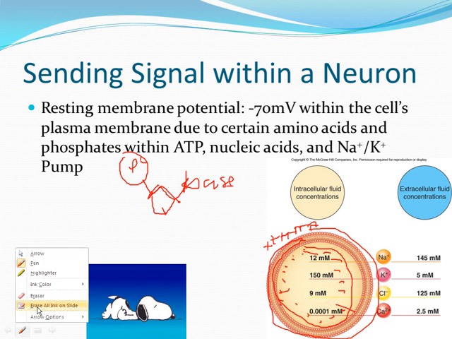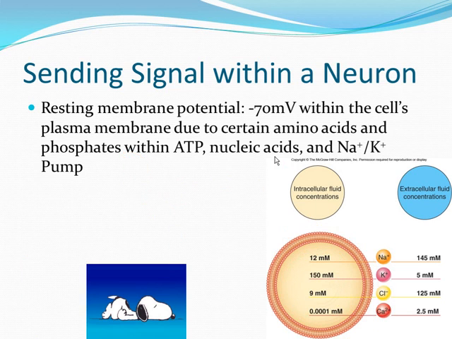Alright. Also, due to the sodium-potassium pumps, do you guys remember how many sodiums are pumped out and how many potassium are pumped into the cell? No. The sodium pump, 3 sodium out, while 2 potassiums in.